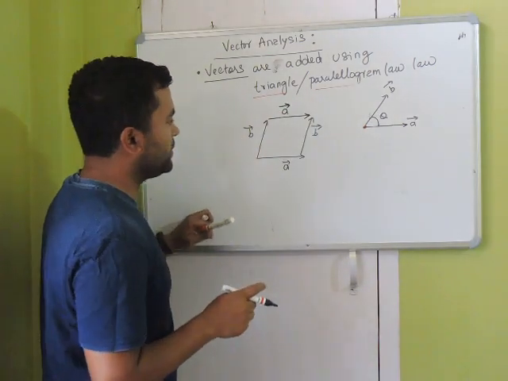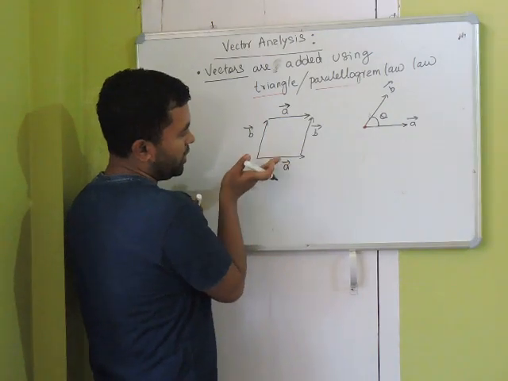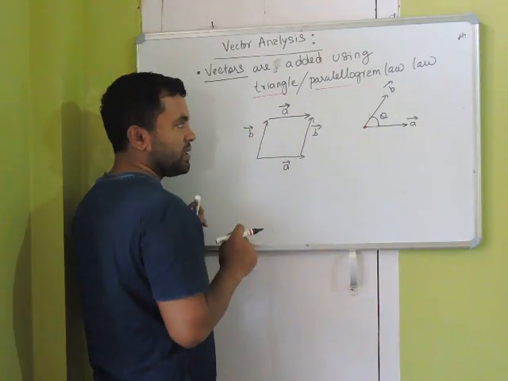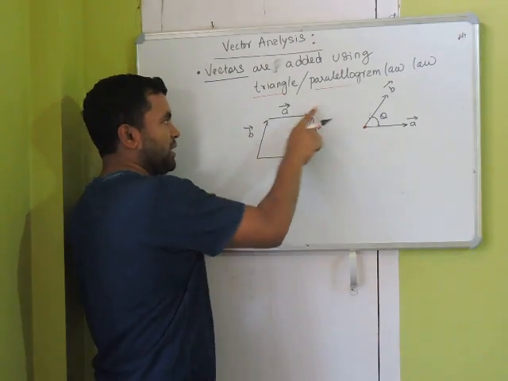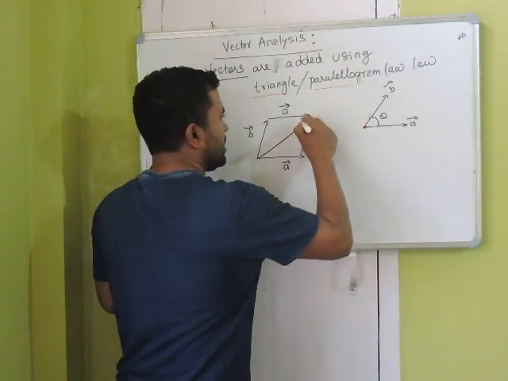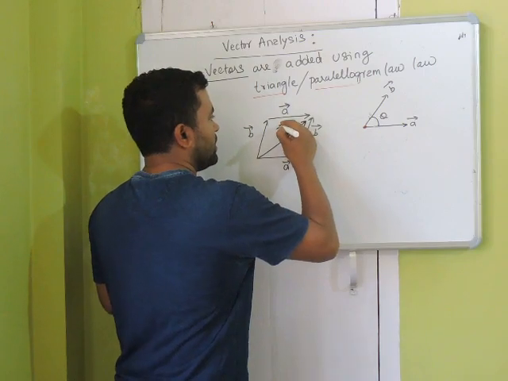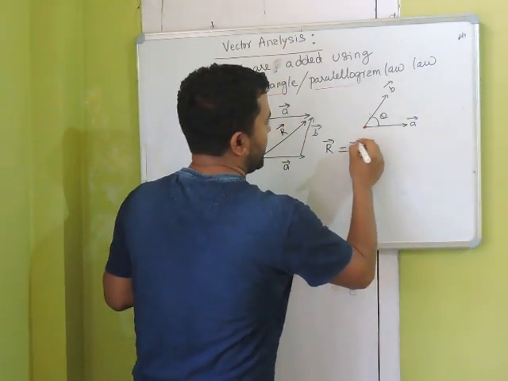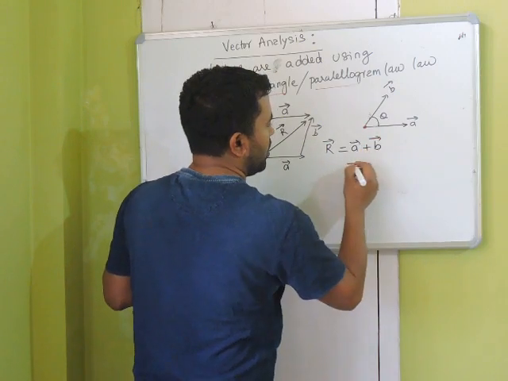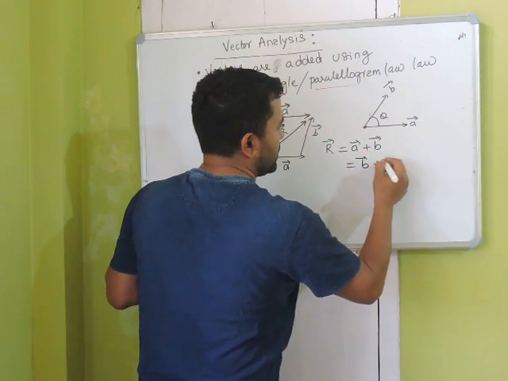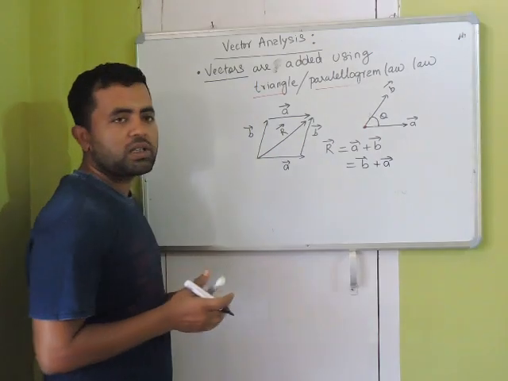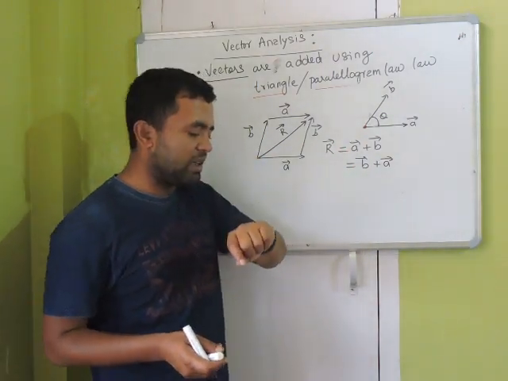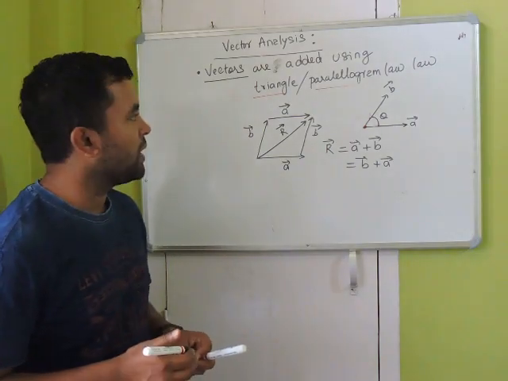Now if you see, these two represent adjacent sides of a triangle taken in order. These two also represent adjacent sides taken in order, BA. So this resultant R you can write as either A plus B or B plus A. Vector addition is commutative, meaning whether you add A plus B or B plus A, the result is going to be the same.